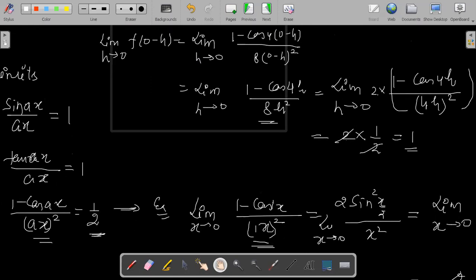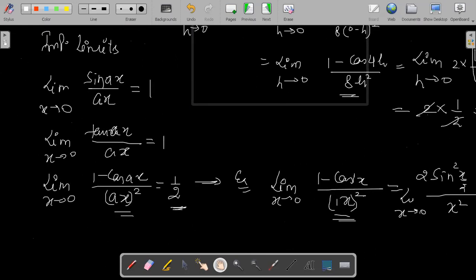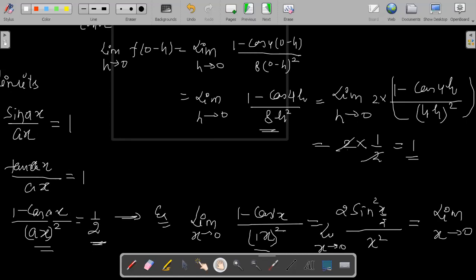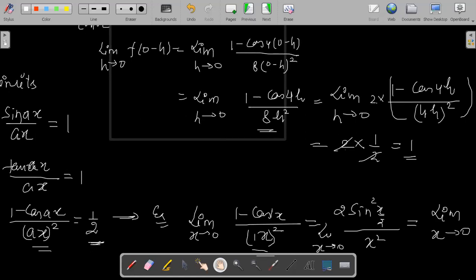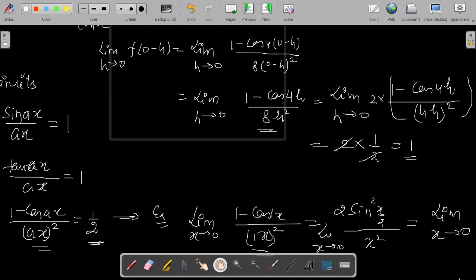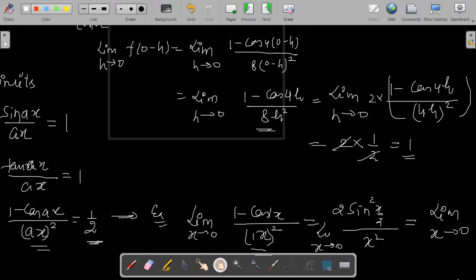So this part is having 4 with h at the place of x. Here it was x, here it is h. So 4 times h, that means at the place of a we are having 4. That means 4, if I'm substituting here, I have to substitute 4 here as well. That means 4h whole square. Then only this expression will give you the value which is equal to 1 by 2.